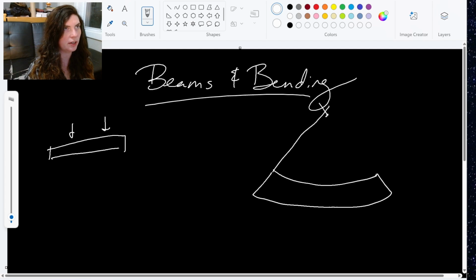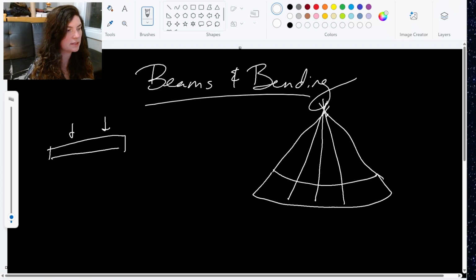You could bring all these points together, where it's coming into this central point.